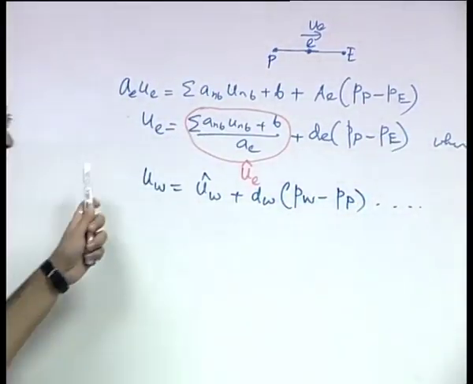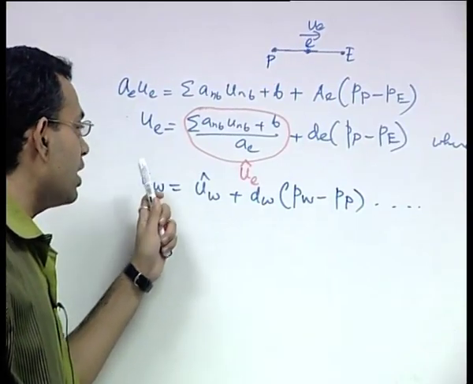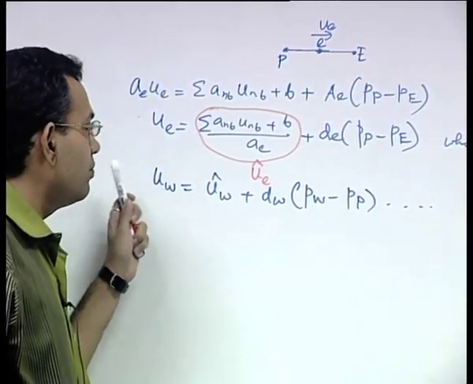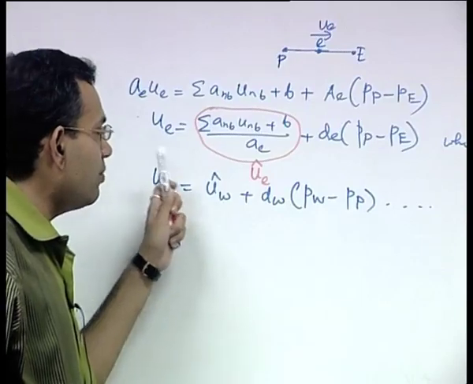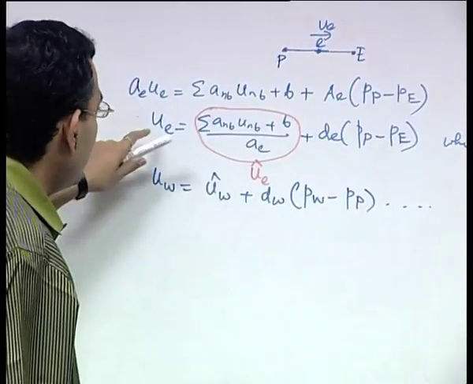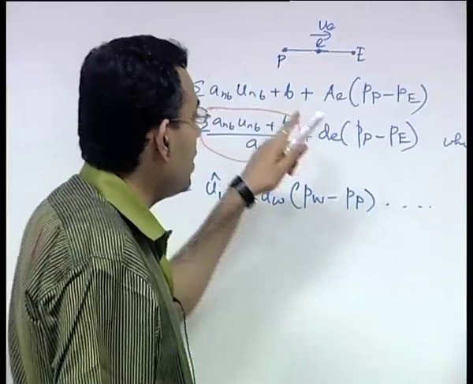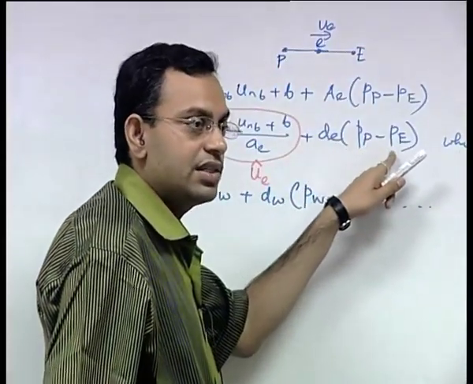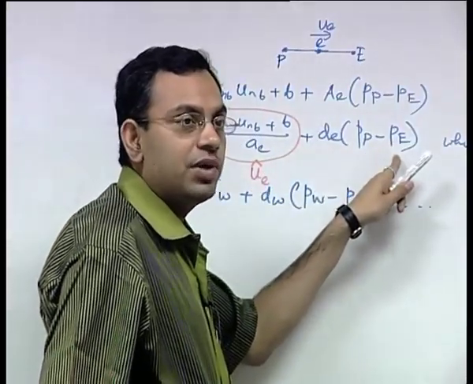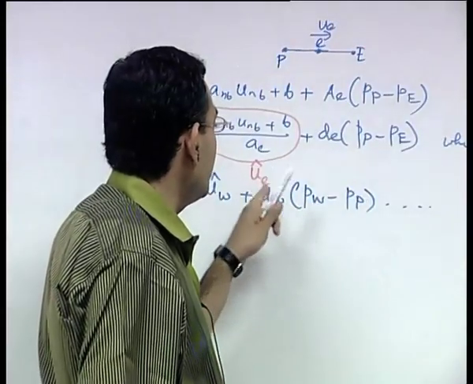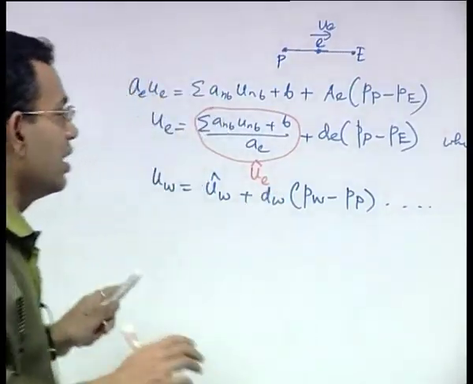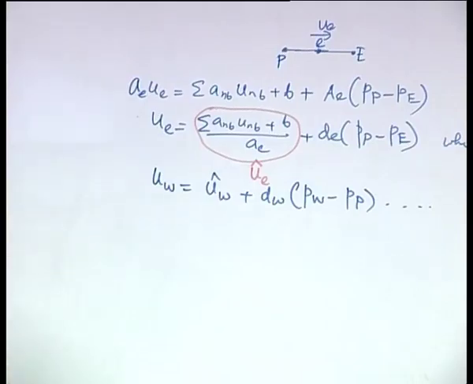This formula is visibly analogous to the velocity and pressure correction relationship in the SIMPLE algorithm. Just recall UE equal to UE star plus DE into PP dash minus PE dash. Here the pressure corrections are replaced by pressures, and UE star is replaced by UE hat. So it is very similar, therefore the algebra is also very similar.